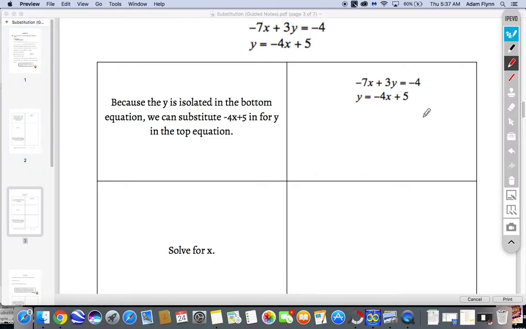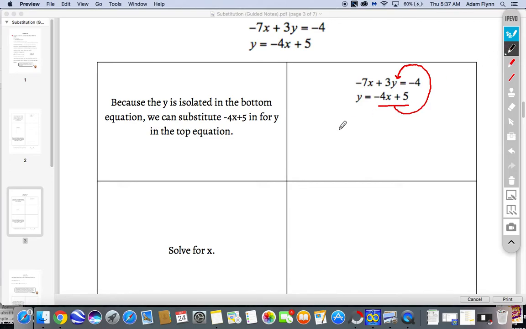So, because this y is isolated, I know that y is negative 4x plus 5. So I can take this negative 4x plus 5 and put it in place of the y in the top equation. I can substitute that expression in.